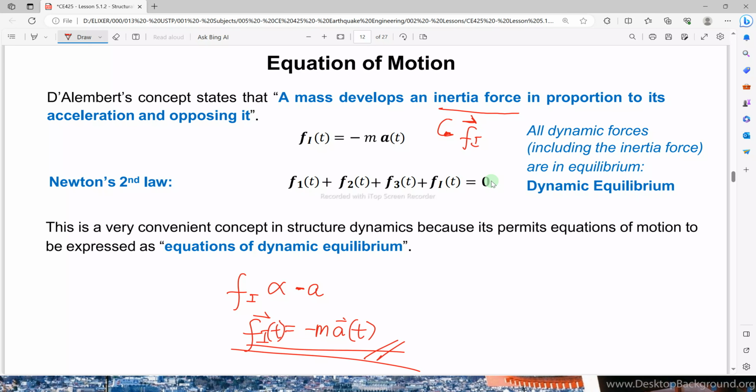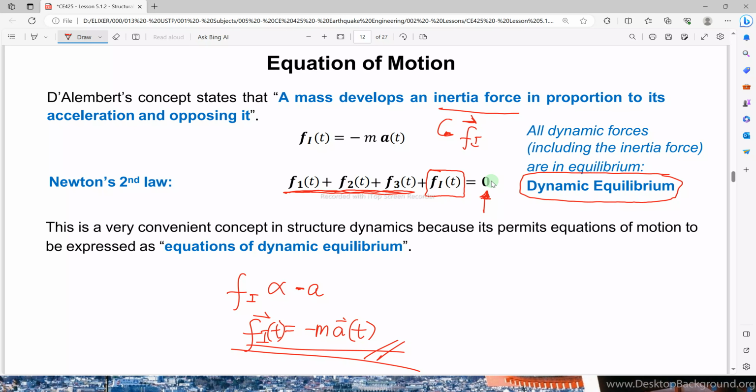If we apply this to Newton's second law, you know the forces acting on the particle, and then we have here the inertial force acting on the particle. Now, if we add the inertial force to the applied vector forces on the particle, and the summation is equal to the null vector, then we have our dynamic equilibrium.